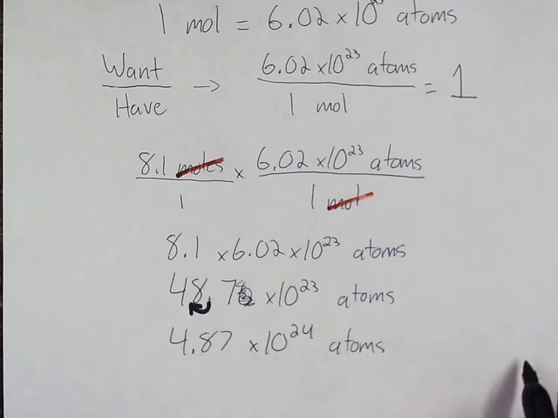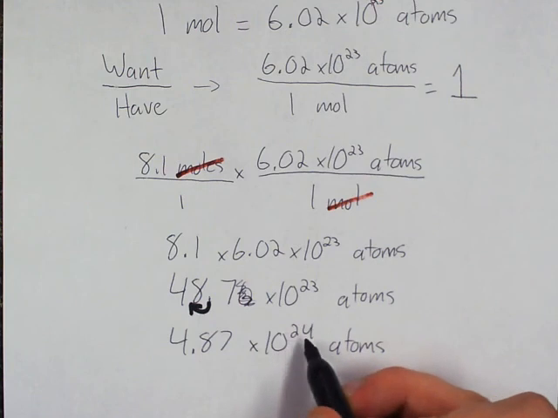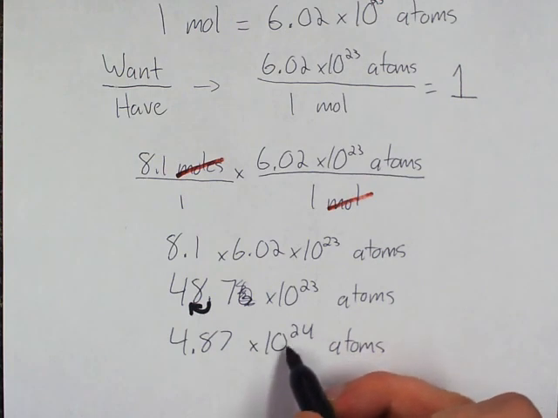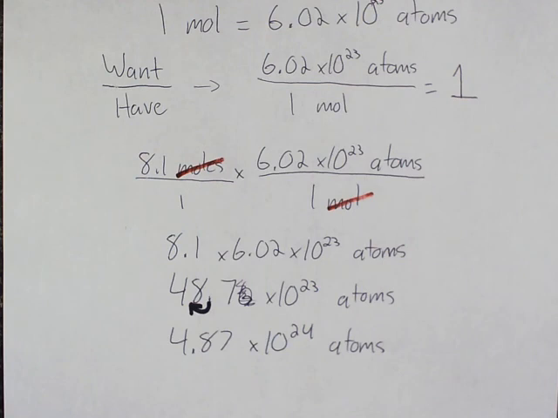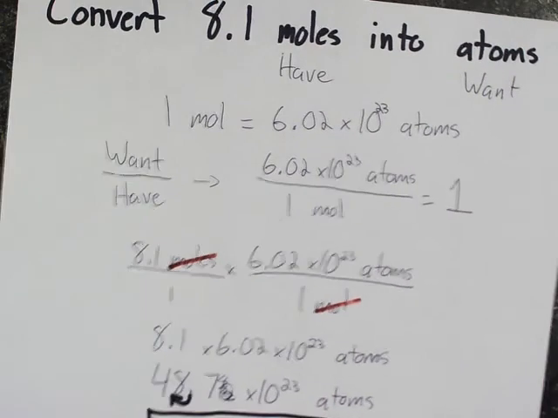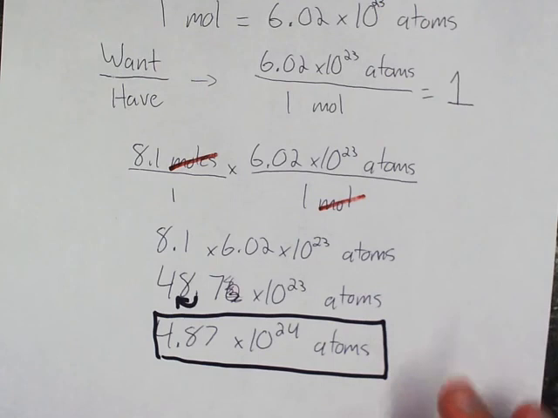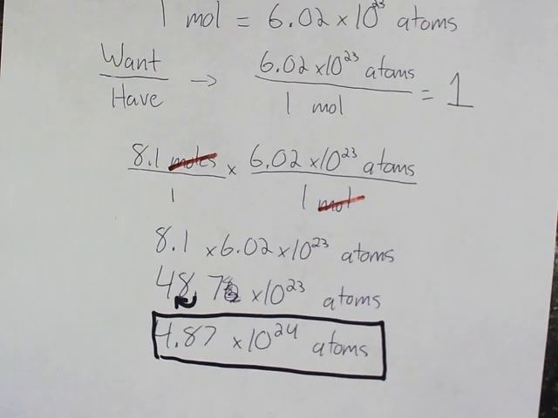So if we move this decimal over to the left one, it now has to go 24 spots over to the right to get to where it is written in long form. So since it has to go 24 spots now, the exponent on our base 10 becomes 24. And that is our final answer. That is how many atoms are in 8.1 moles. 4.87 times 10 to the 24th.